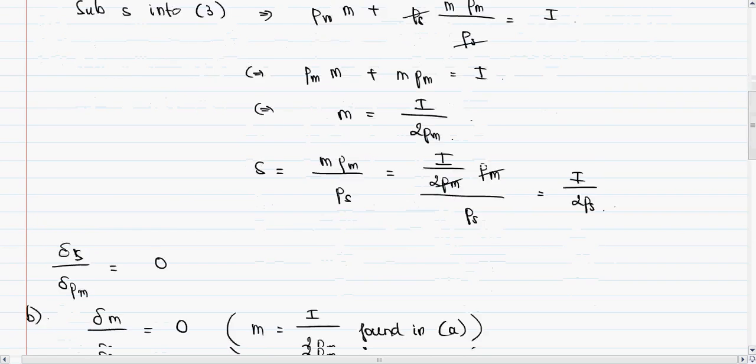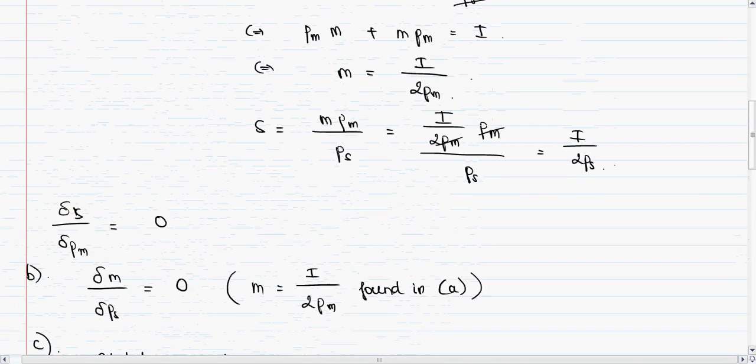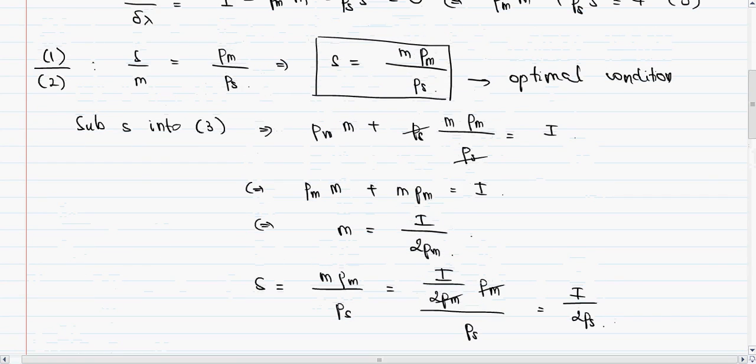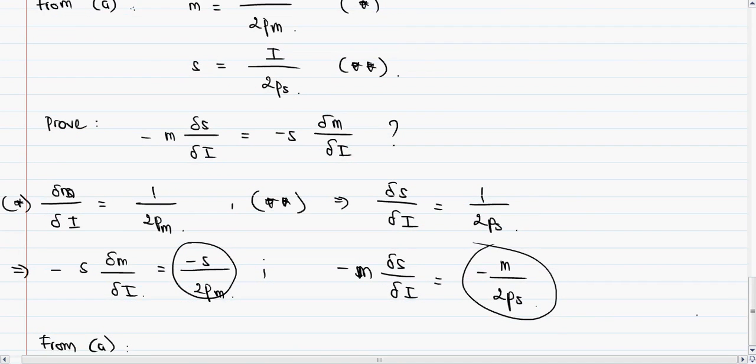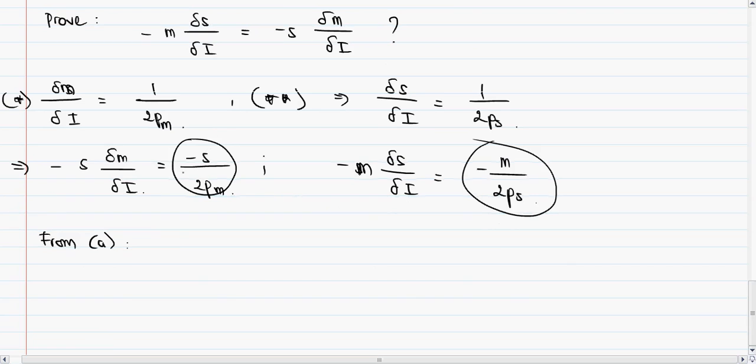I will be using that optimal condition in order to prove this, so S will be equal to M times PM on PS.